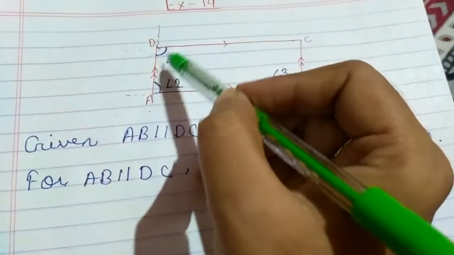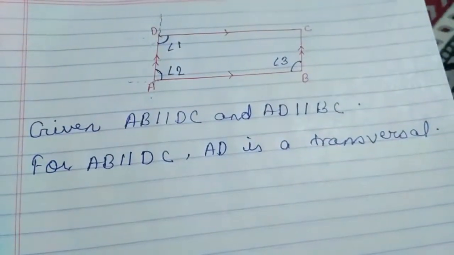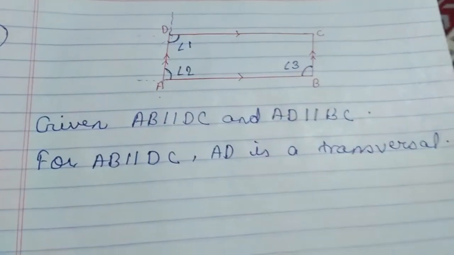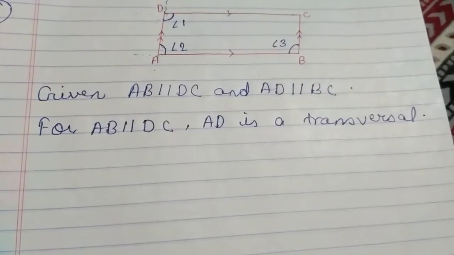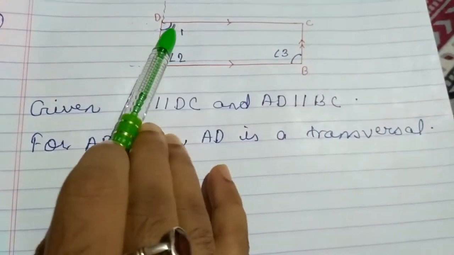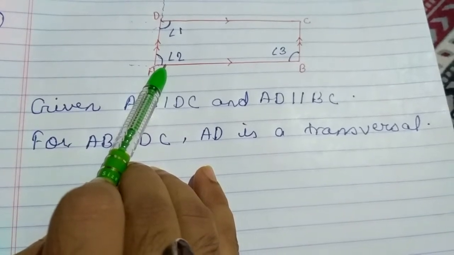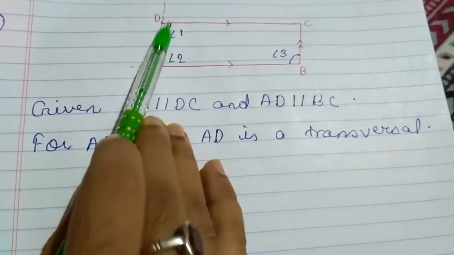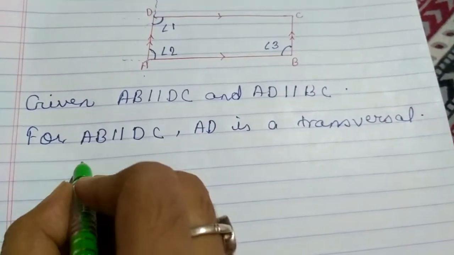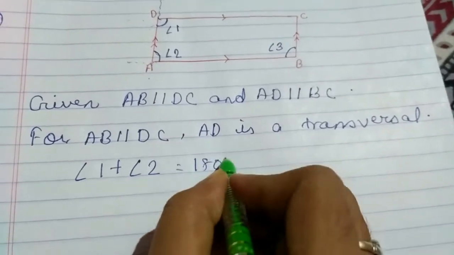Because both angles are made on the same side, in the interior area, that's why the name is consecutive interior angles. Then if both angles are consecutive interior angles or co-interior angles, the sum of these angles is equal to 180 degrees. So just write down angle 1 plus angle 2 equals 180 degrees.